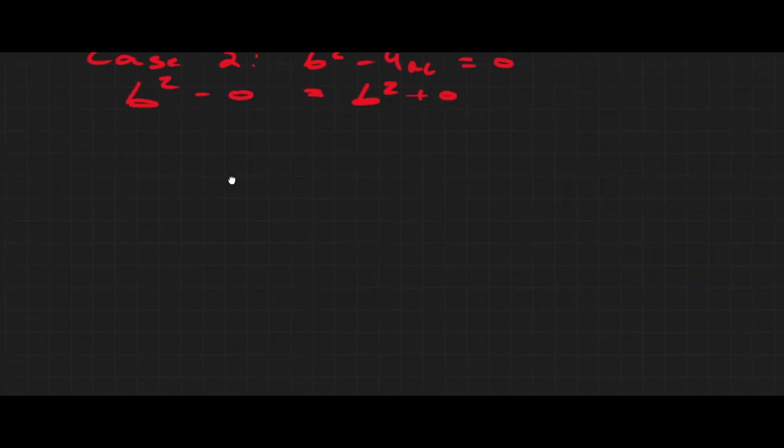Alright, now let's go on to case 3. b squared minus 4ac is less than 0. It's negative, right? What happens when you take the square root of a negative number? We get some complex solutions, but there's actually no real solution.